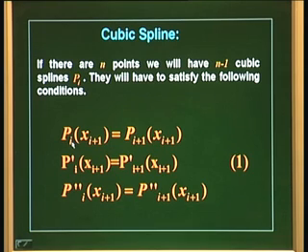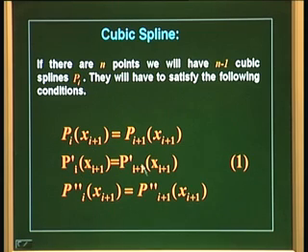So that is, of course, the polynomial going from I to I plus 1 would satisfy the continuity of the functions, that is pi at xi plus 1 should be equal to pi plus 1 at xi plus 1, right. We know that because it must be continuous across, or the other way of saying it is pi of xi should be f of xi and pi of xi plus 1 should be f of xi plus 1, same as what we saw before.